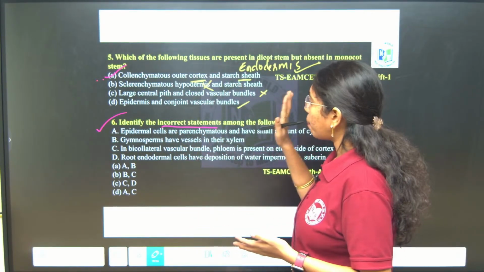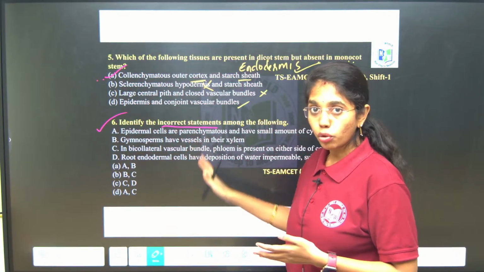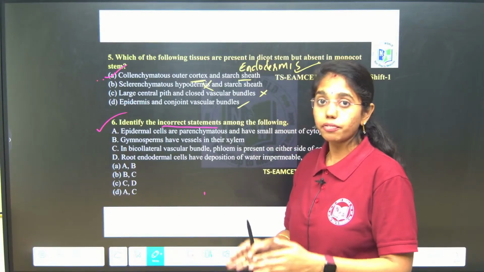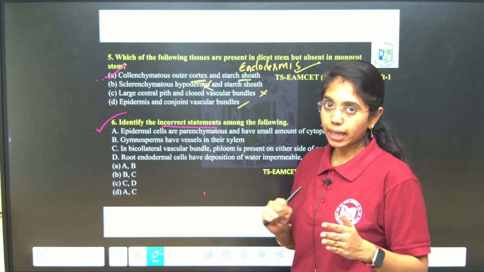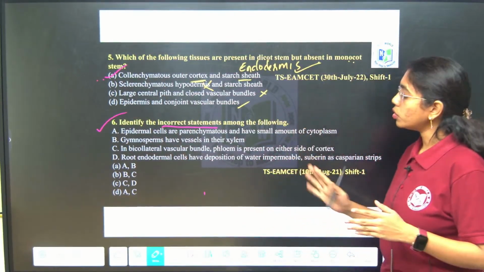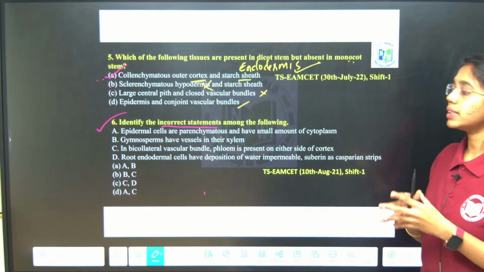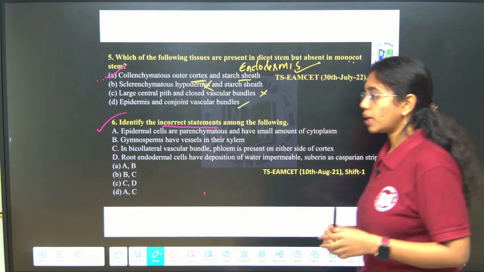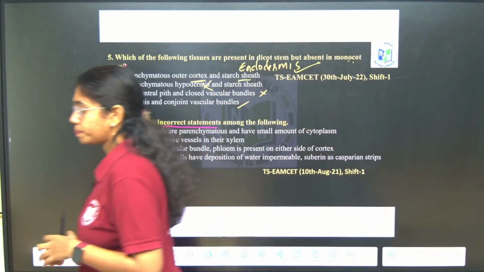Do not just see the question peripherally and go for the options. Observe carefully whether he is asking you to identify correct statements or incorrect statements, right ma? So here, in the 6th question, the question is asking us to identify incorrect statements. Look into the statements properly and then answer.